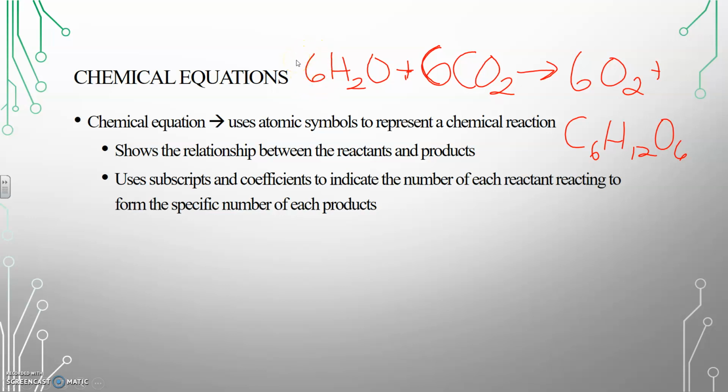It's going to come before the compound, and it's going to tell you that there are 6 H2O molecules in this reaction. So there are 6 water molecules needed to react with 6 carbon dioxide molecules in order to produce 1 glucose molecule, as well as 6 oxygen molecules. So that's the difference between subscripts and coefficients.